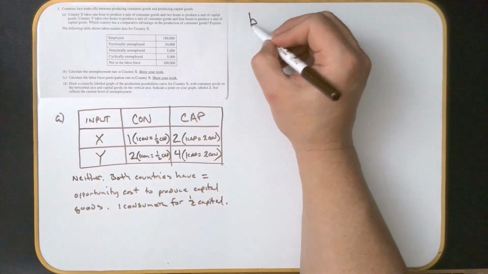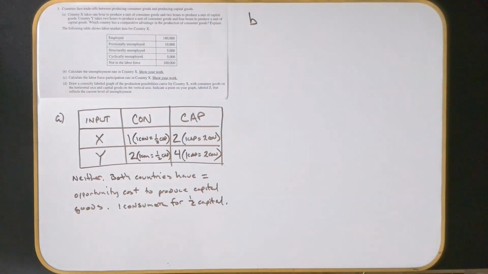Put that up here. So they give us a table here, and we've got a question about employment here. And so they give us there's 180,000 people employed in this country. So this is for country X. Frictionally unemployed are 10,000. So remember, frictionally is the healthy part of an economy, people retiring, people entering the job market, people changing jobs.